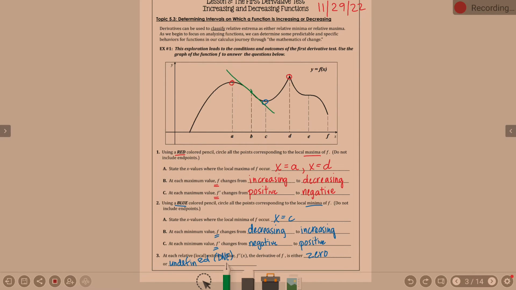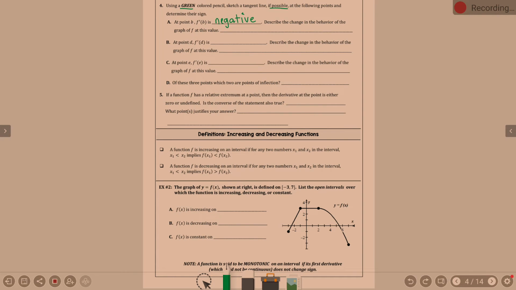In other words, it's changing concavity, from concave down to concave up. We'll talk about that more in the next lesson on the second derivative test, where it's called an inflection point, or point of inflection. But for what's happening right here, my graph changes from concave down to concave up.